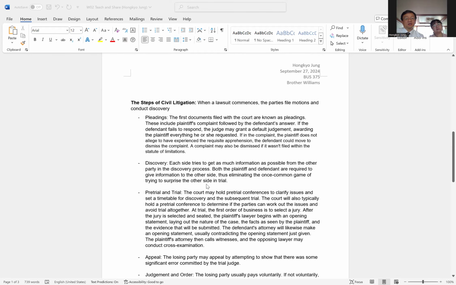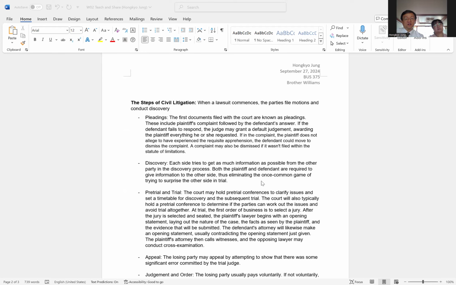There is a discovery procedure. In this process, each side tries to get as much information as possible from the other party.